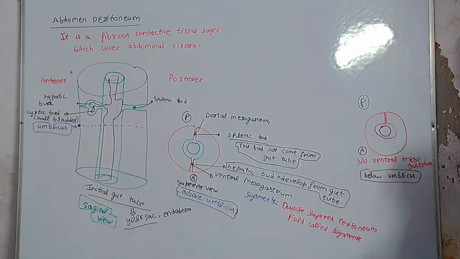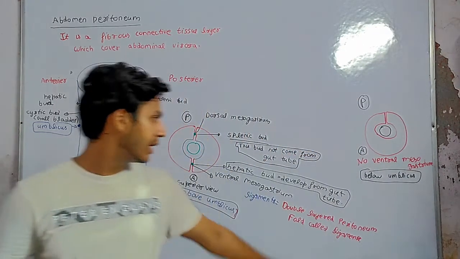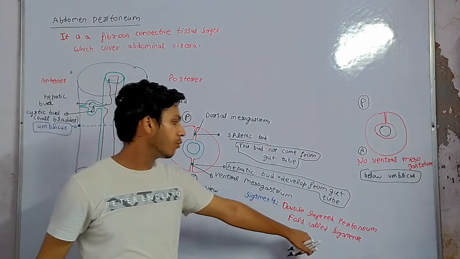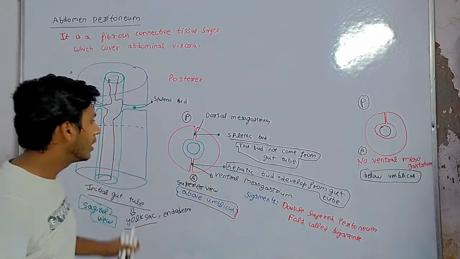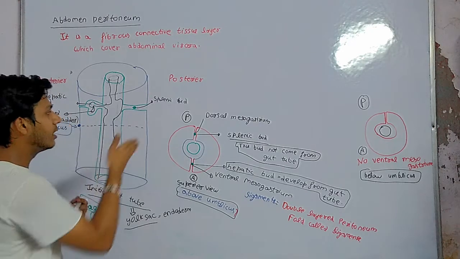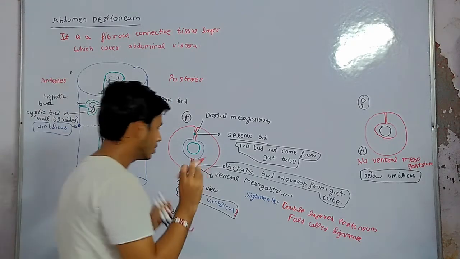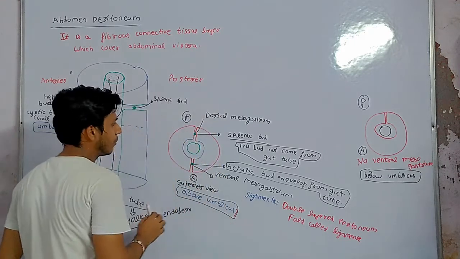Ventral mesogastrium, dorsal mesogastrium. So these structures form, but there are many. We saw these are the ligaments, which are double-layered folds of peritoneum. So how do many types of ligaments form, and how do these ligaments connect different organs of the abdomen? Done. So first we cover above the umbilicus.